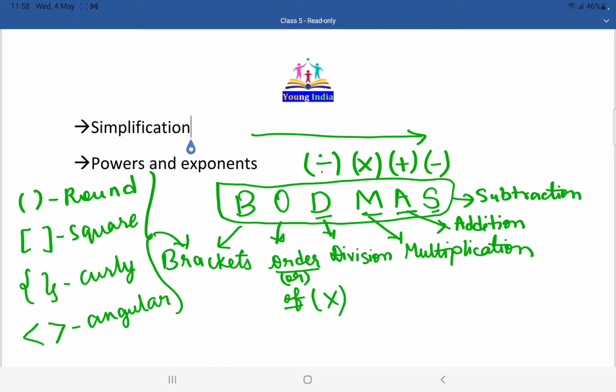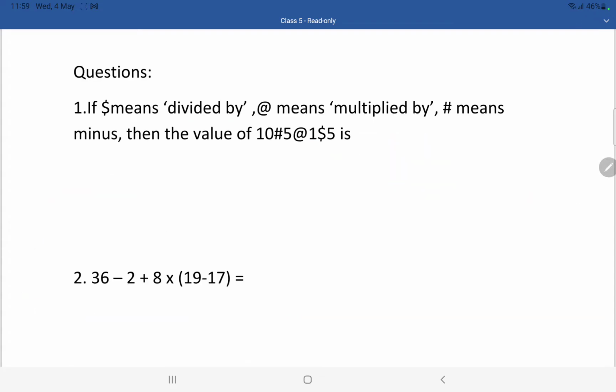So for this, I will take an example. Let us solve a few questions related to BODMAS, so that you will be clear with the topic and will not get any confusion. Students, if you see the first question, which is a very interesting question according to me, just read it once. If this dollar symbol means divided by, so this is divided by.